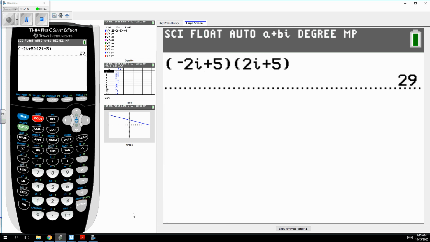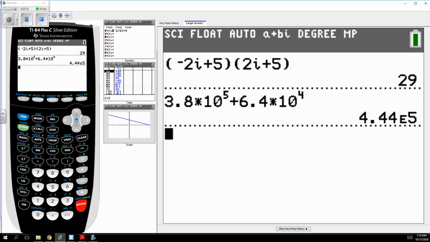So ready? What is the sum of 3.8 times 10 to the 5th plus 6.4 times 10 to the 4th? 4.44 times 10 to the 5th.